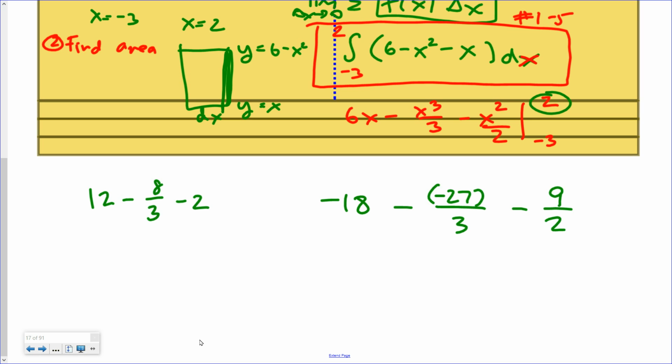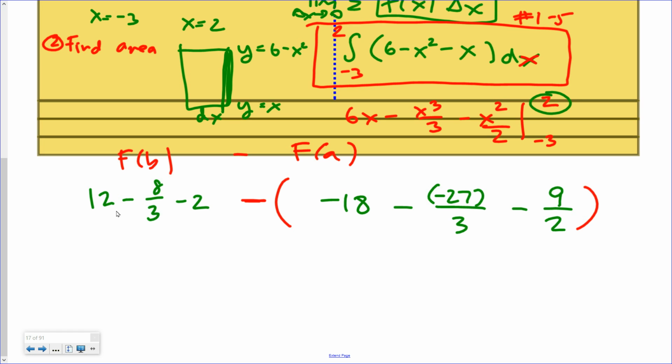First I plug in the 2, then I plug in the -3, then I slap a minus sign between. But be careful. You guys good that the minus sign affects that whole expression on the right? Because this is your F of b minus your F of a. First fundamental theorem of calculus.